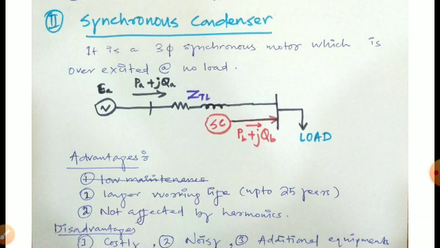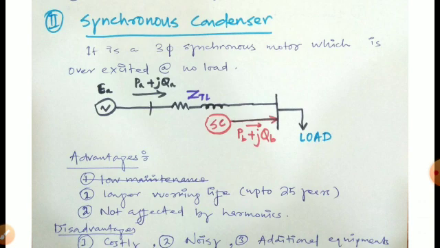So the reactive power supplied QA is consumed by the transmission line inductance and some portion comes to the load inductance. So there might be a shortage of reactance in the transmission line.